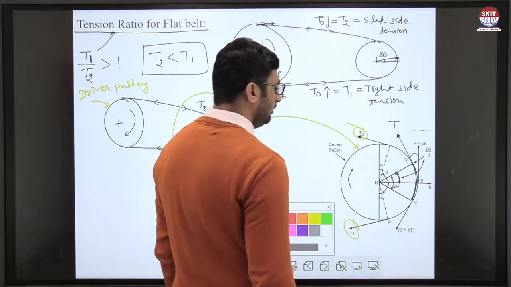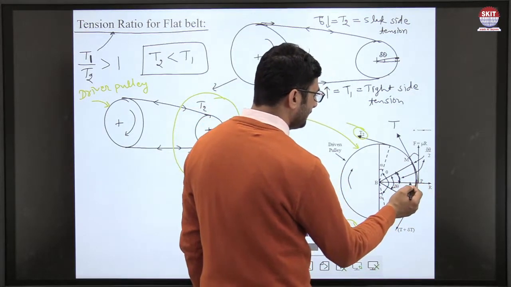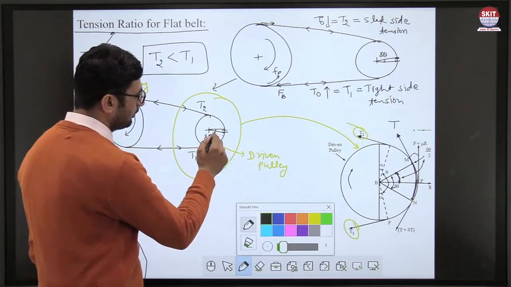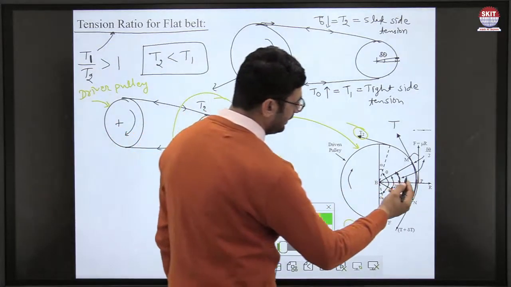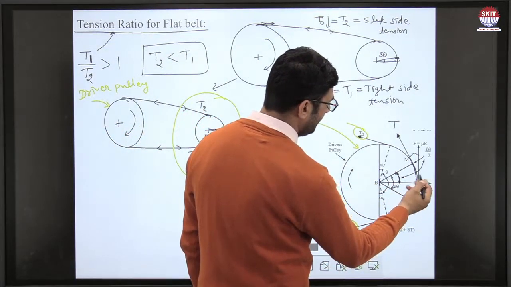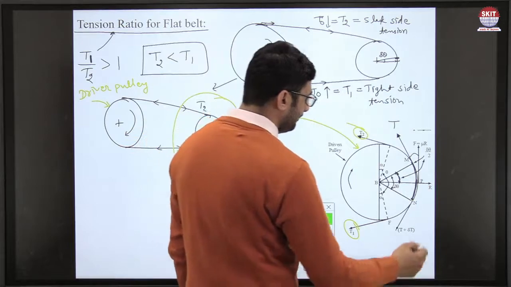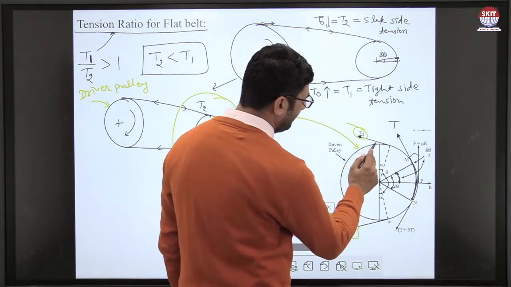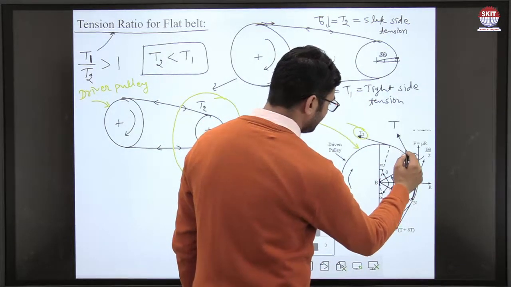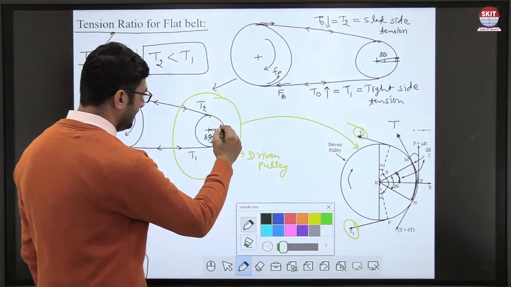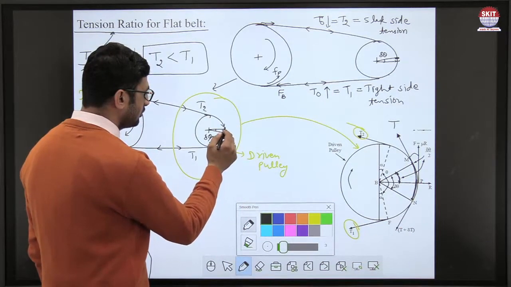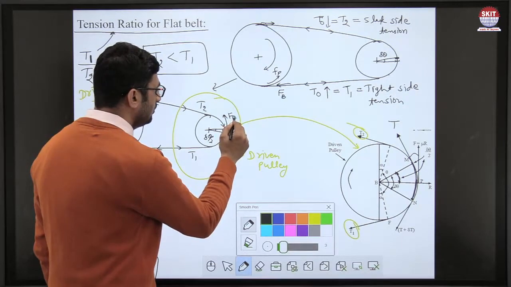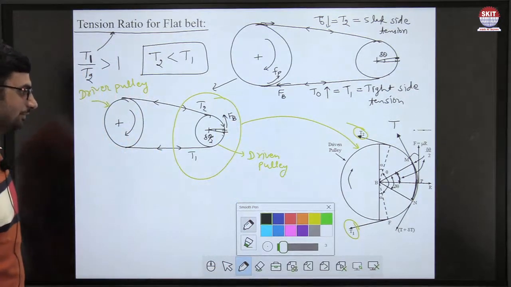When the belt applies force on the pulley, there is also a reaction on the belt by the pulley, which is the normal reaction. And when the belt moves in that direction, then the friction force on the belt acts in that direction.